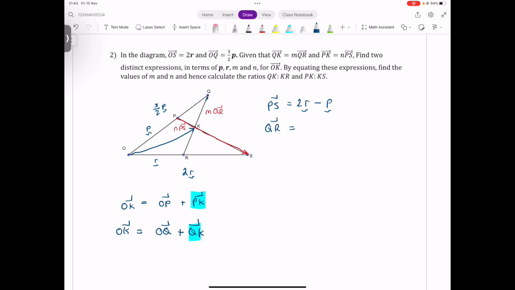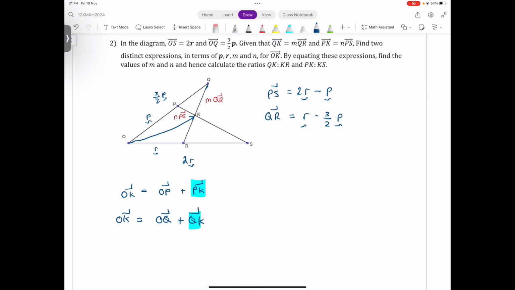QR, we're going from Q down to R. It's going to equal R minus 3 on 2P, because that whole vector QO, going all the way down here, is 3 on 2P. We're told that in the question. So we're going R minus 3 on 2P. So we've found expressions for PS and QR.